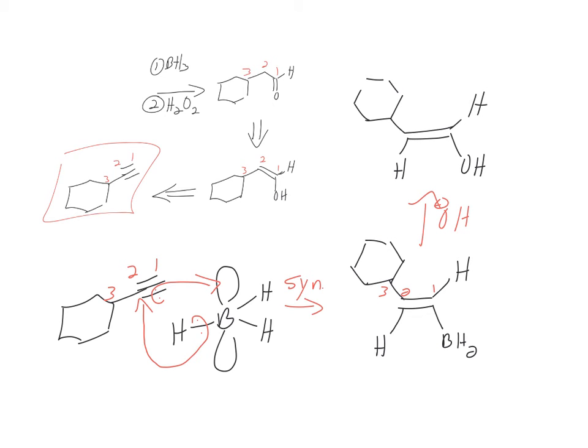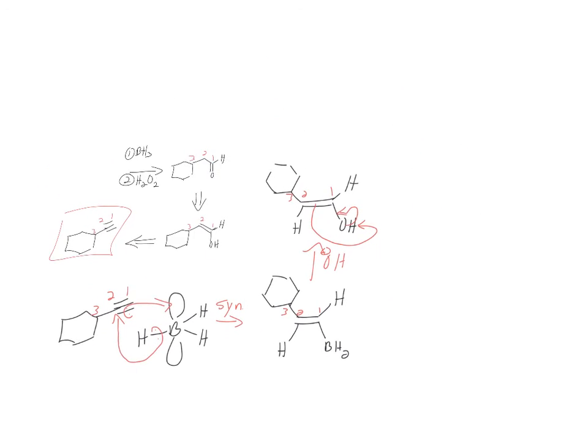If I numbered these again, 1, 2, 3, and if I drew this pi bond, taking that H, the electrons going there between the oxygen and carbon 1. What's that going to give us?